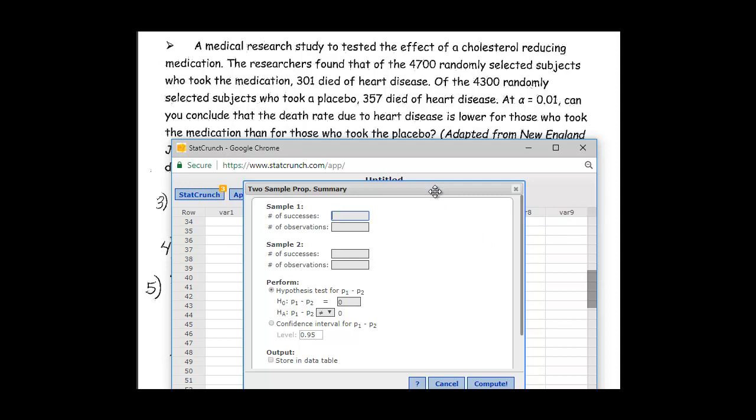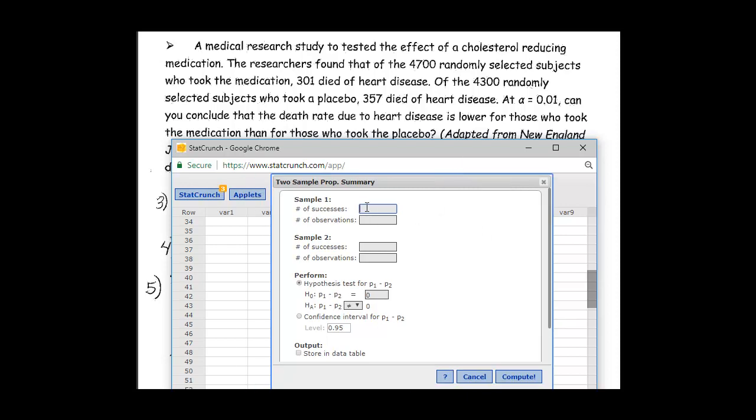It's going to open up and we can put all of our information in here. Looking at our first sample of those who took the medication, we had 301 who died of heart disease out of the 4,700 who took the medication. Then in the second sample, we had 357 who died of heart disease out of the 4,300 who took the placebo.